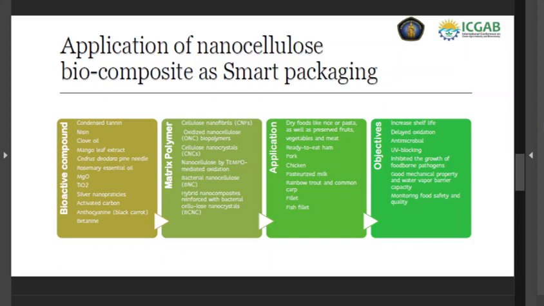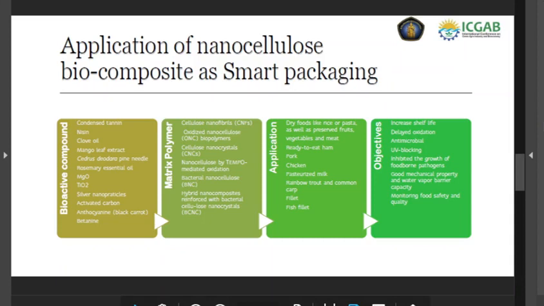We can also use matrix polymers from nanocellulose such as cellulose nanofibril, oxidized nanocellulose biopolymer, cellulose nanocrystal, nanocellulose by TEMPO-mediated oxidation, bacterial nanocellulose, and then the last is hybrid nanocomposite reinforced with bacterial nanocellulose nanocrystal.